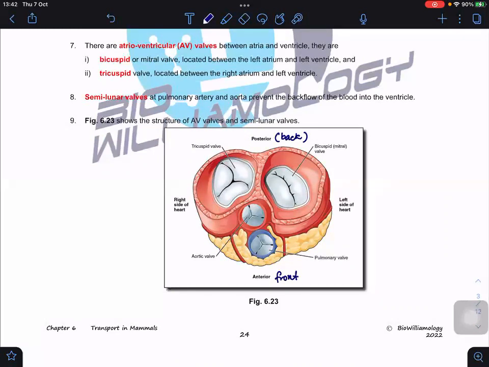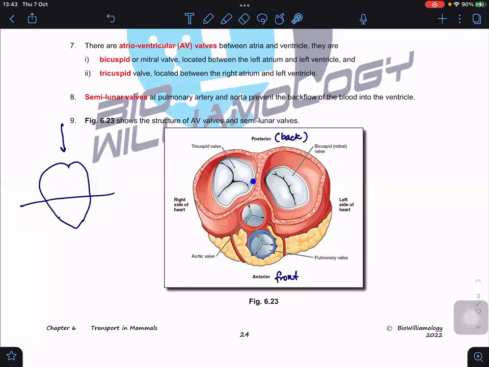If I cut my heart this way and view it from the top, then you can see these are the valves. Collectively, we call them the atrioventricular valve or AV valve. But more specifically, can you see that they have 3 cusps here? 3 cusps. This one is 2 cusps. Can you see that?